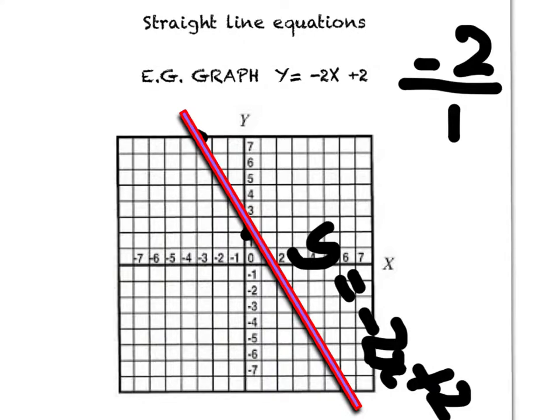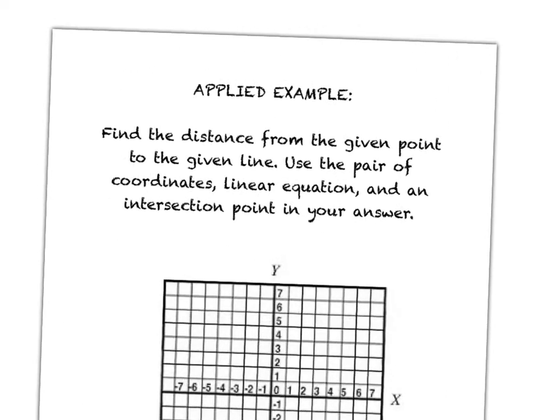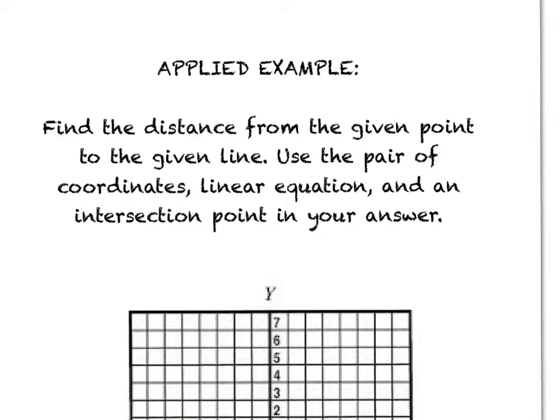Okay, now the sort of question you're going to face in a test would be like this. Let's read the question. Find the distance from the given point, so a set of coordinates, to the given line. In other words, you'll be told to draw a line on a graph.